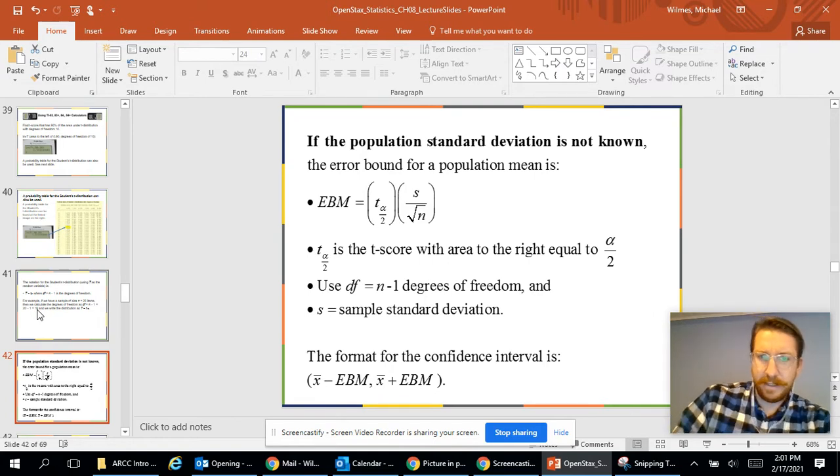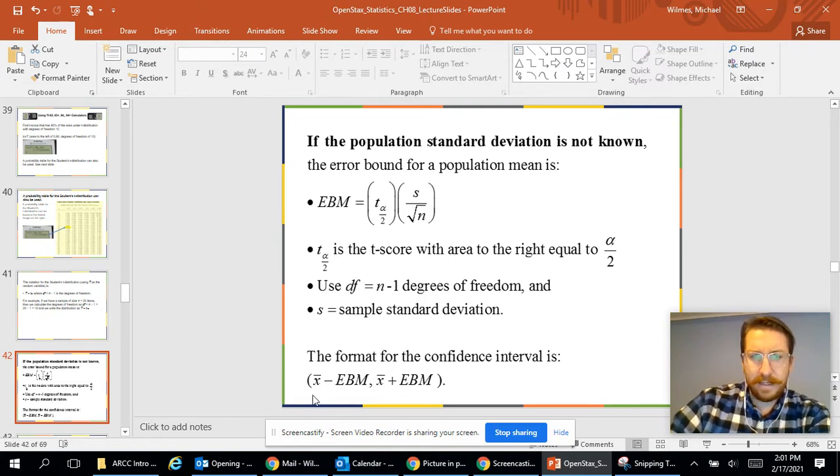We have some formulas. And this is going to be very similar to what we did last week. We have x bar. So we have our average minus the error-bound mean again, and then our average plus the error-bound mean. So the whole point is to find this error-bound mean. We have this t of alpha over 2. Last time we had z of alpha over 2. So last time we did this for a normal distribution.